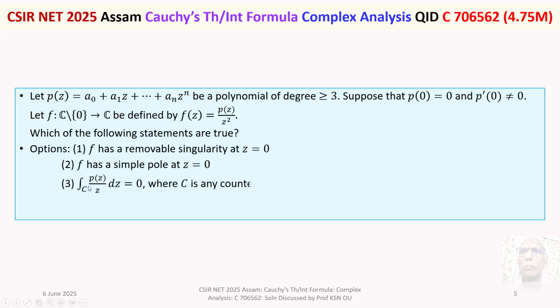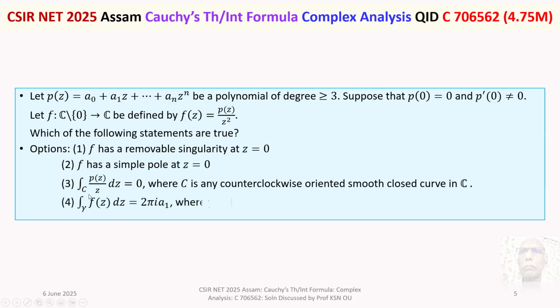Option 3, integral taken round C, P of Z by Z with respect to Z is equal to 0, where C is any counterclockwise oriented smooth closed curve in C. Option 4, integral taken round gamma of F of Z with respect to Z is 2 pi I A1, where gamma is the set of all Z belongs to C such that mod Z is equal to 2025, a counterclockwise oriented circle. Right.